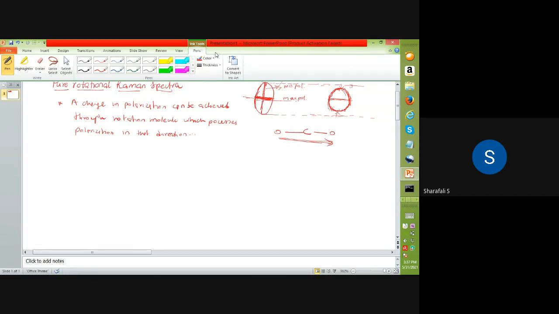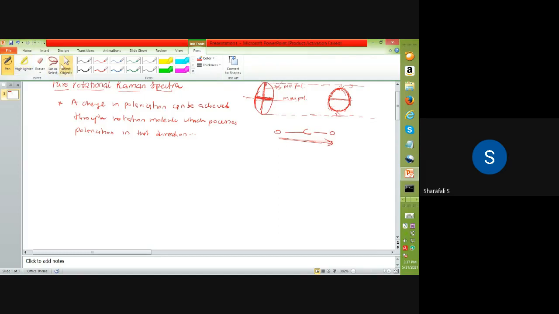So in that direction we will not get any polarization. And if you are rotating such a molecule, which will have any kind of polarization, that will not be damaged.